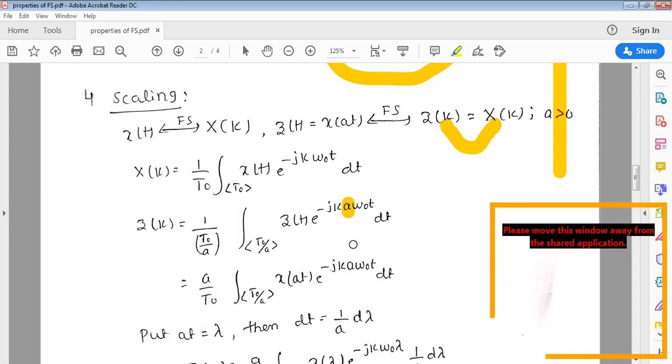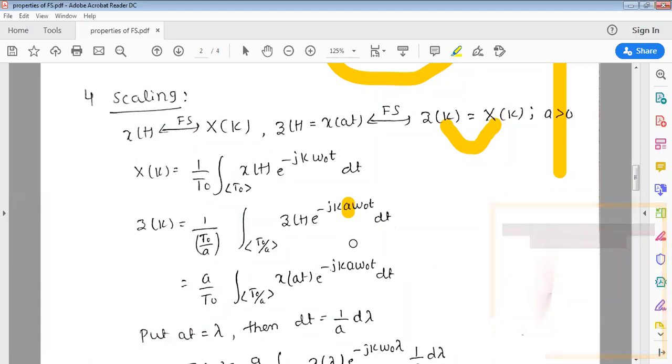So the new t naught is the original t naught divided by a. Any doubt here? Are you able to follow?